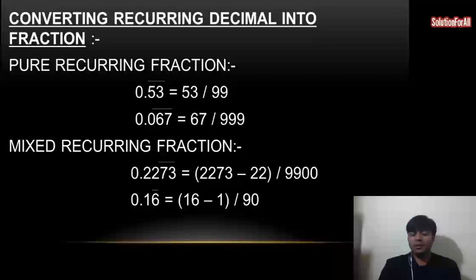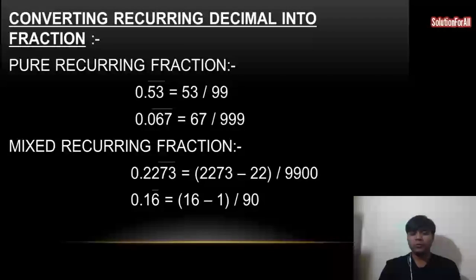The number of digits I'm getting after the decimal, I'll write 9 that many times. Of course it is recurring, because we are converting a recurring decimal. So we'll just take the non-repeated value, the single appearance of the digits, and write 9 that many times.